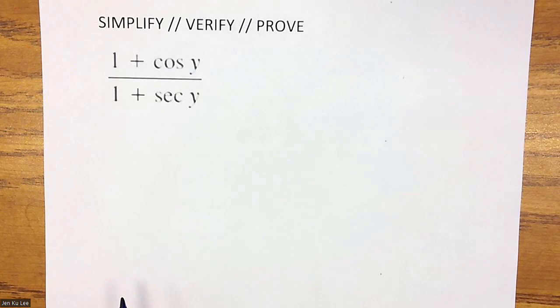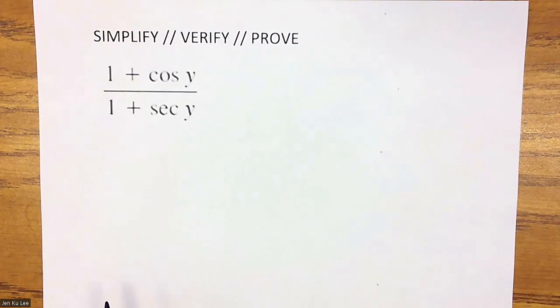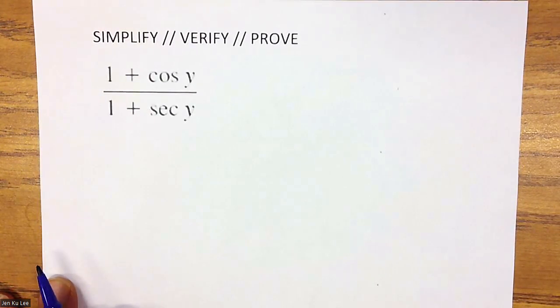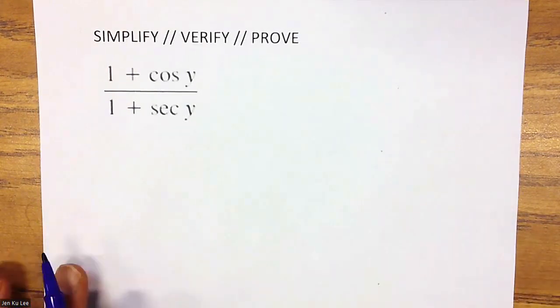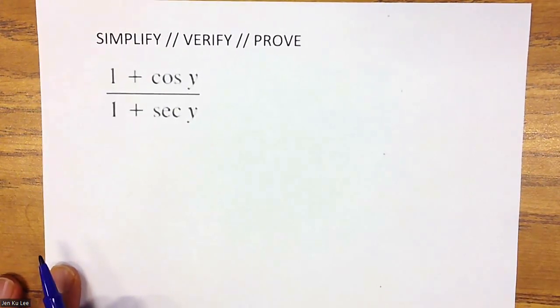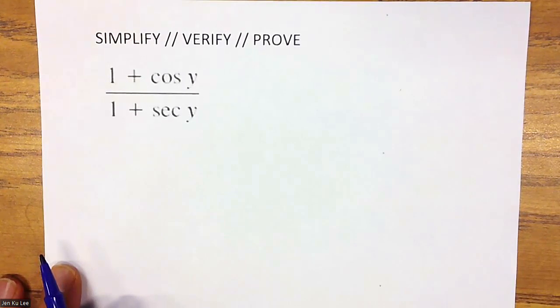So our next example, we have to simplify this out. Now, before I start, in doing this, verifying, proving, or simplifying, you're going to go down a path and think, okay, this is the correct path, right? You're going to walk along. Okay, I'm going fine.